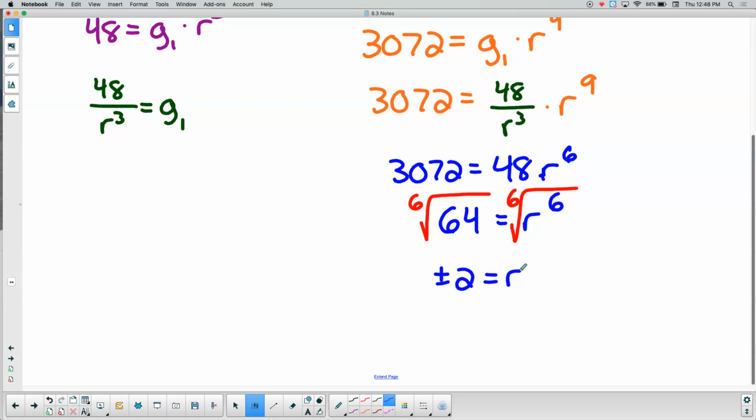So on this one, not only do you get 2 different r values, you've got 2 different values to plug in up here.